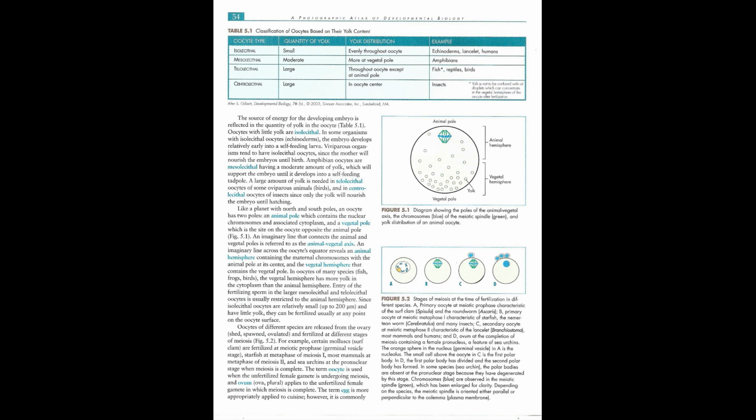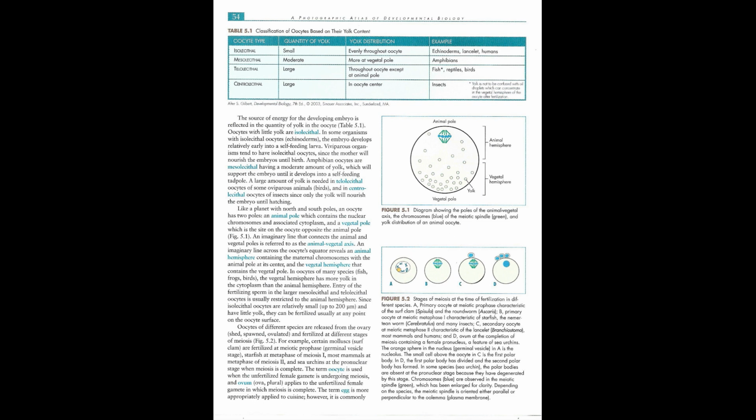Amphibian oocytes are mesolecithal, having a moderate amount of yolk, which will support the embryo until it develops into a self-feeding tadpole. A large amount of yolk is needed in telolecithal oocytes of some oviparous animals, birds, and in centrolecithal oocytes of insects, since only the yolk will nourish the embryo until hatching.